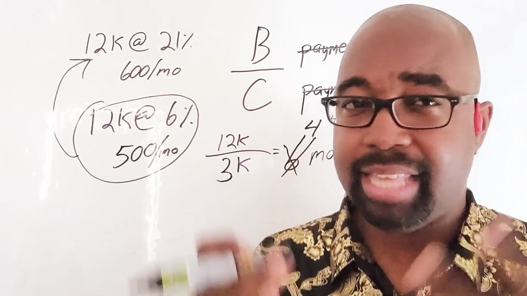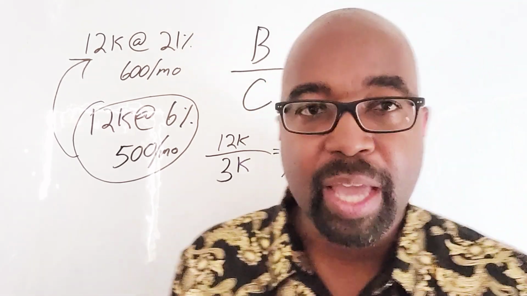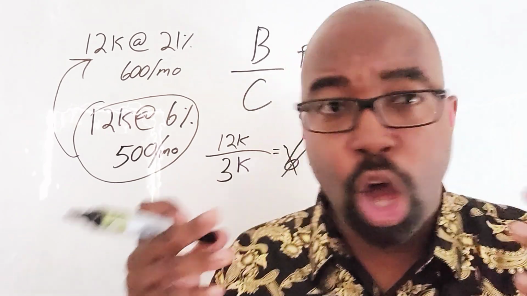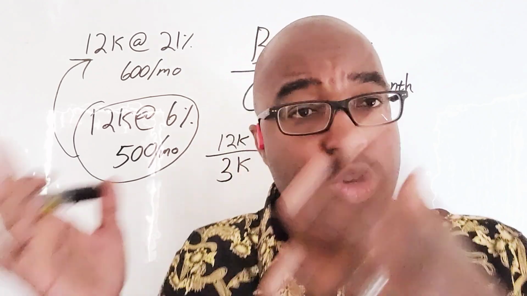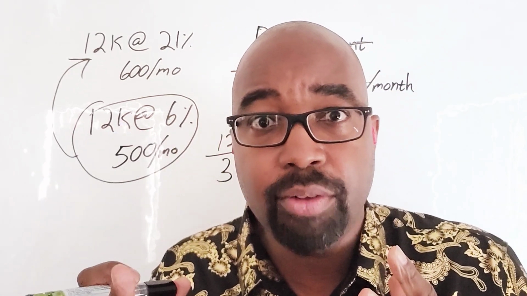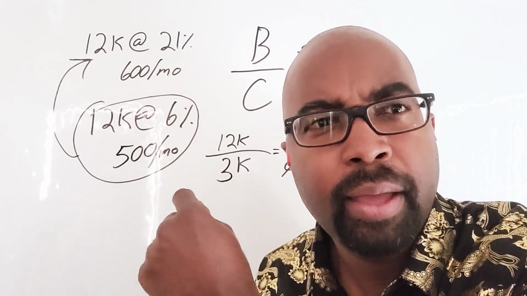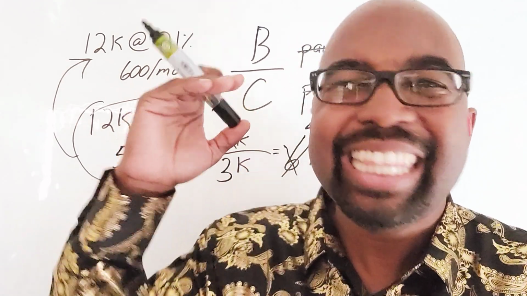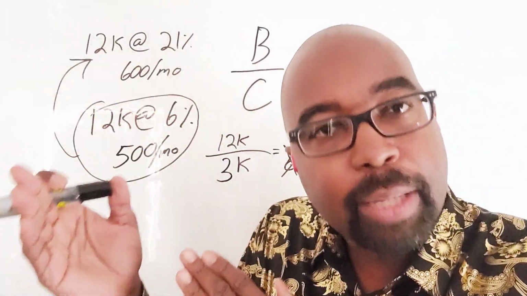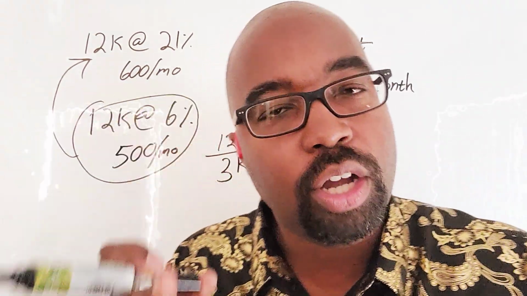Now, why is that important? It's important because we're going to use our line of credit as much as we can, along with our checking and savings account. And if you don't have a line of credit, you can just use your checking and savings account to do what? Pay the principal. The principal is what we aim to eliminate. Because when you eliminate the principal, you eliminate the interest that comes along with the principal.